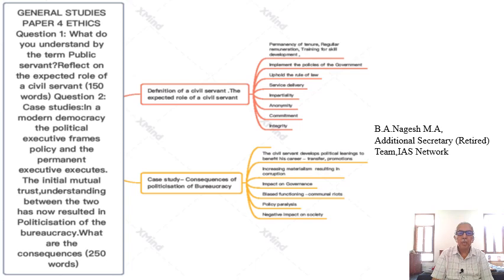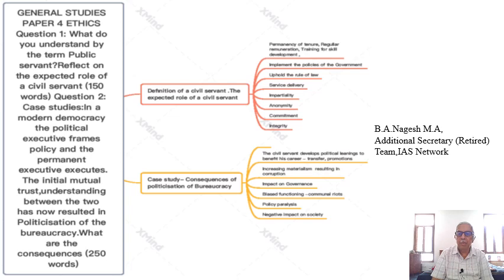The second important definition of a civil servant would be regular remuneration. By this I mean he is paid for the services he renders to the government. So there is a fixed pay scale structure which improves as the civil servant goes up the ladder, with provision for increments and other perquisites. The third definition would be training for skill development.